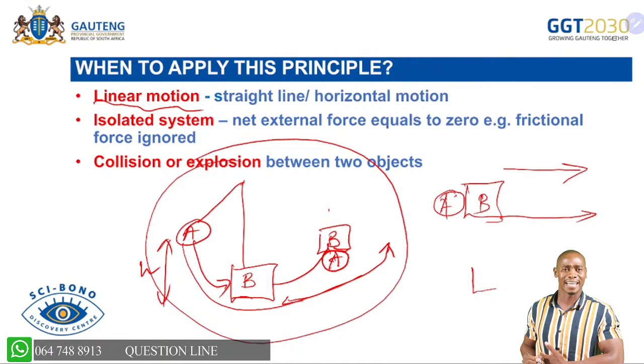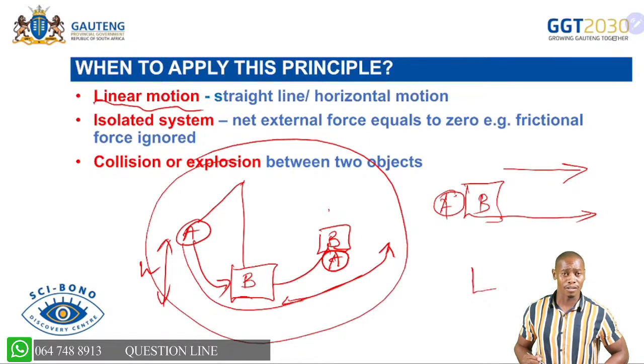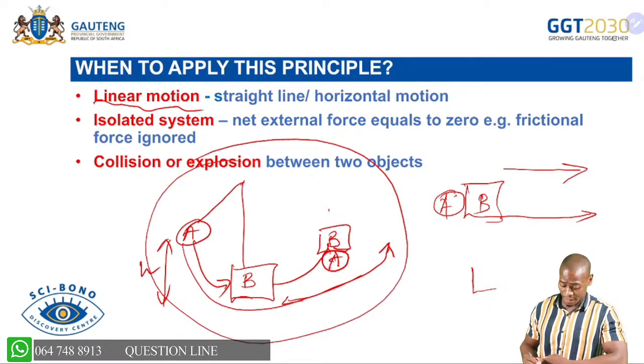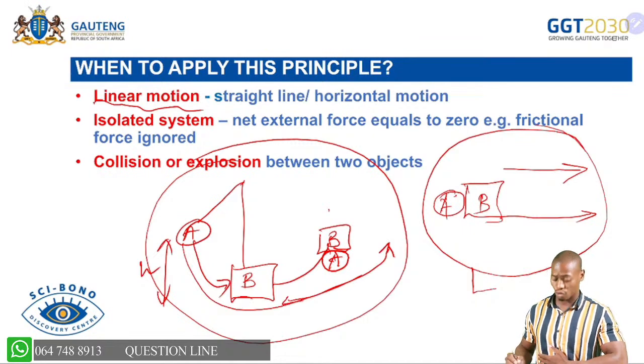Why am I saying that? Yes, the system is isolated, air friction is ignored. Two, there is collision. But three, is the motion linear? The motion is not linear, learners, so we cannot apply the principle of conservation of linear momentum. But where A collides with B, and after collision they move in a horizontal straight line, then we can apply it.